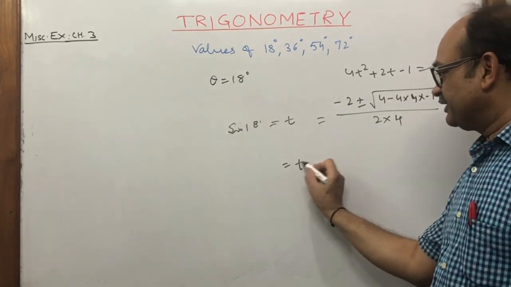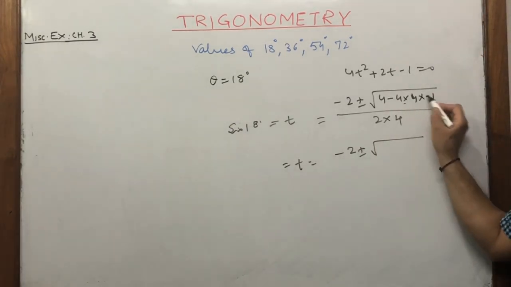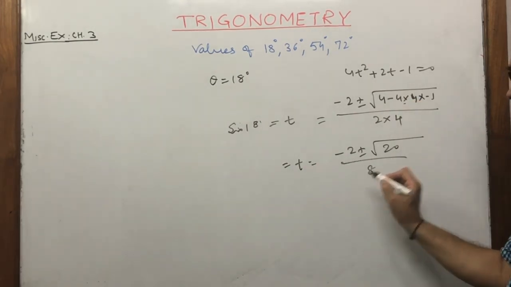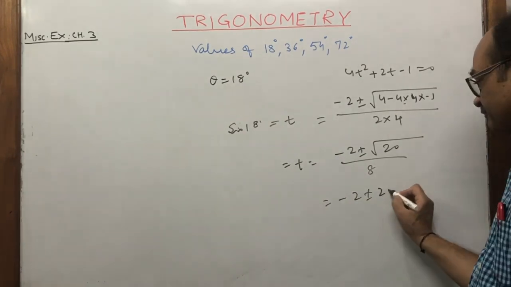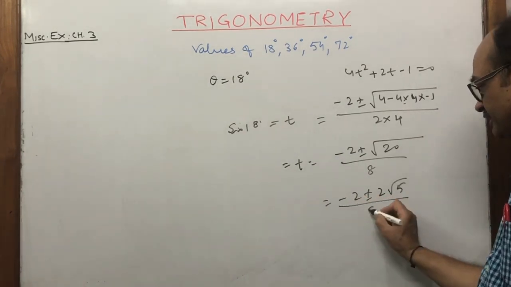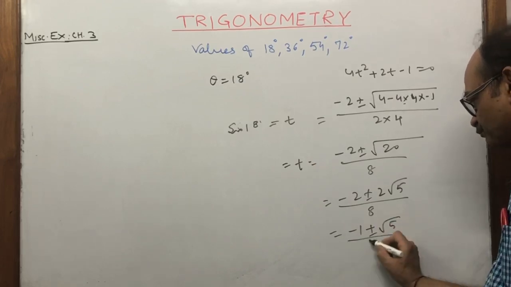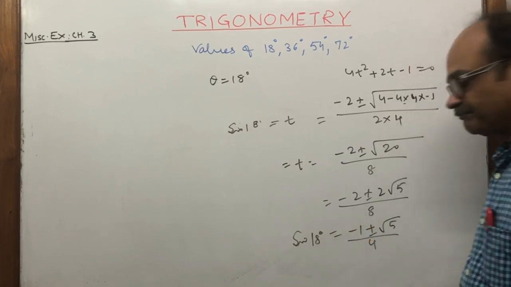So here t equals minus 2 plus minus under root 4 plus 16, that is 20, divided by 8. We can write minus 2 plus minus 2 root 5 divided by 8, or we can write minus 1 plus minus root 5 by 4. This is sine 18 degree.